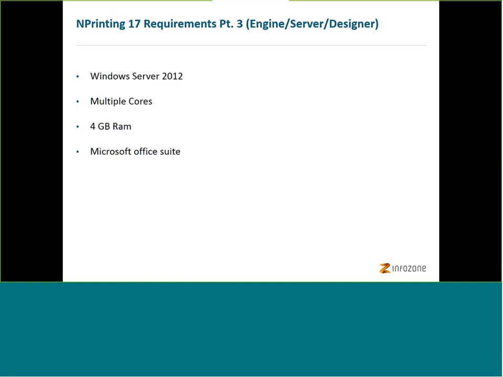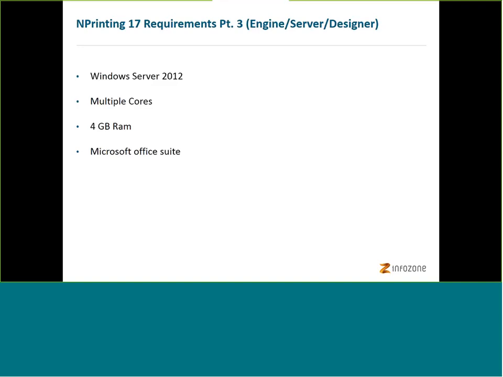As far as the bare minimum requirements for our engine server and designer for our services, we need Windows Server 2012. I believe you can use Windows 2008 for QlikView 12, but not for Qlik Sense, at least it's not supported. Multiple cores, 4 gigs of RAM, and Microsoft Office Suite. Of course, this is bare minimum.